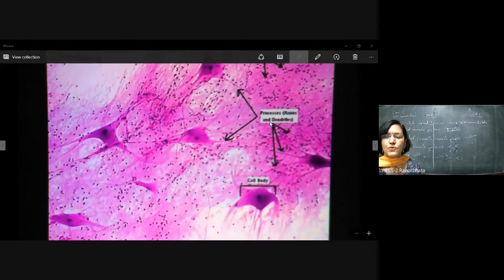The dendrites from here, it joins with the axon of this cell. The processes go on this side and connect with the other cell. So it's like a network, a whole network, wherein the dendrites are connecting with the nerve ending of the next nerve cell. And the nerve impulses go from one cell to the next.